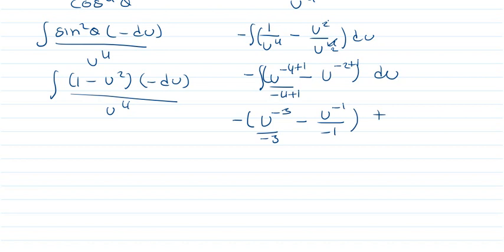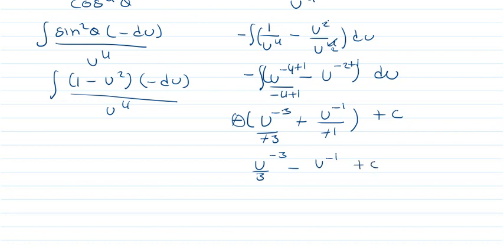Distributing the negative here, the negative and negative will cancel out, so we'll have u power negative 3 over 3. Then this negative and this negative will cancel out, and the negative that comes from the outside is going to be minus u power negative 1 plus c.